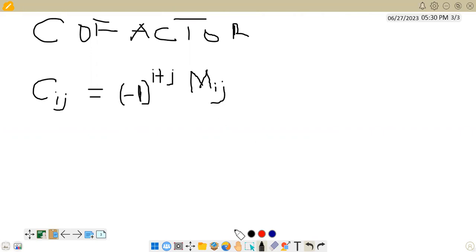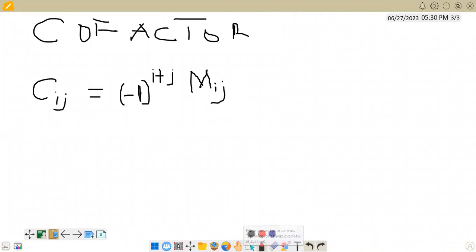Yeah, so tikhoza kuona kuti minor uja uyu tampeza kale kumtunda kuja, pamene i ndi j, this is the row and this is the column. Chimodzimodzi apa, this is the row, this is the column. So ngati apa pali 1 1, ndiye kuti 1 plus 1 it will be 2. So -1 raised to the power 2, we get the answer. The answer multiplied by the minor, then we have found the cofactor.